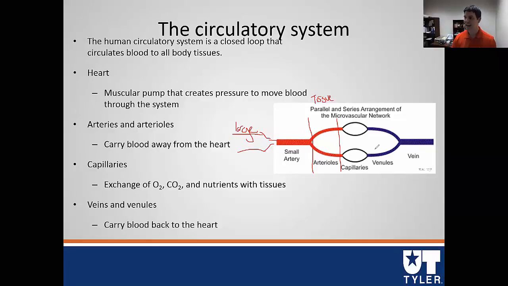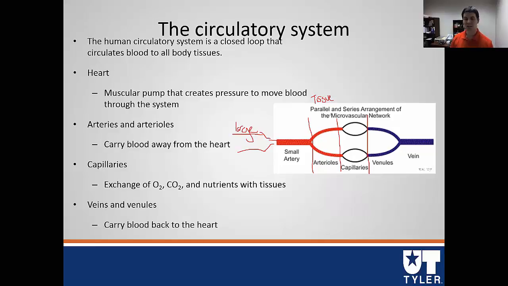Right. We then have the exchange zone. The exchange zone is what takes place in what is known as capillaries. These are very small vessels, just about the size of a red blood cell that can squeeze through there.